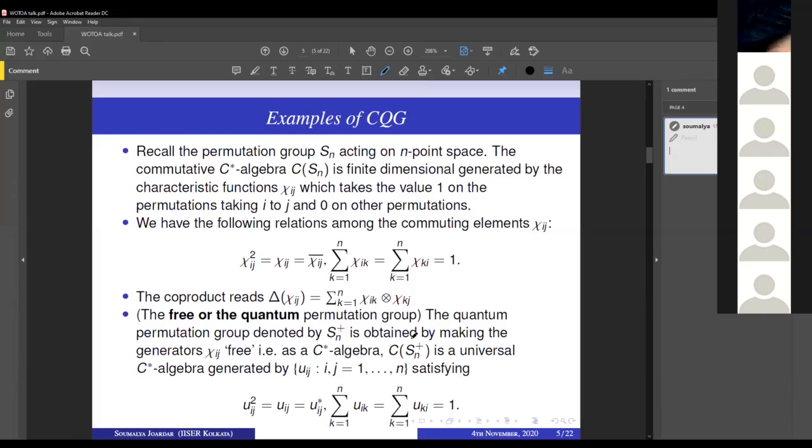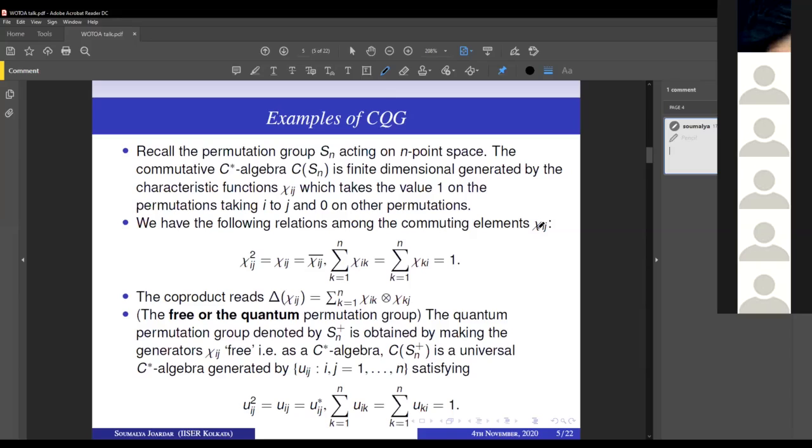Then we will have some symbols u_ij such that they are projections, u_ij squared equals u_ij equals u_ij star, and these two conditions resemble the two conditions from the chi_ij. Take the universal C*-algebra generated by these symbols. Of course, one has to prove that there is such a universal object, but take the universal C*-algebra generated by these elements. These are non-commuting. That's all. Sort of we have made the generators chi_ij free.